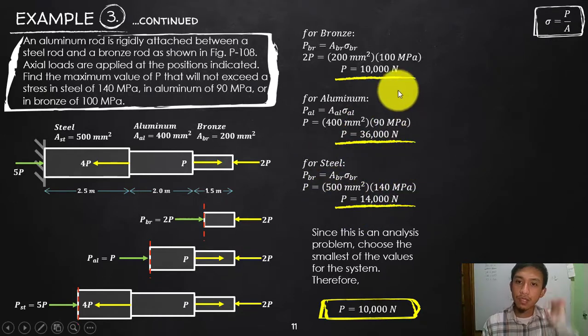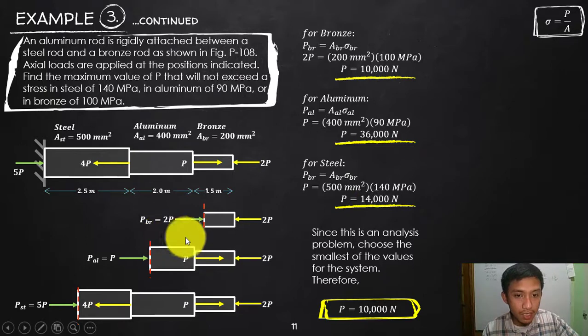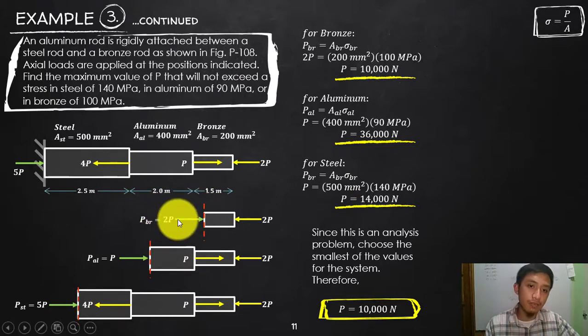Well, if you try to analyze this one, how is it that the aluminum is 36 compared to the steel, yet the steel is stronger than aluminum? That doesn't explain within the value of P, because as you can see, we have different types of forces carried by each. In your bronze, that is just 2P.